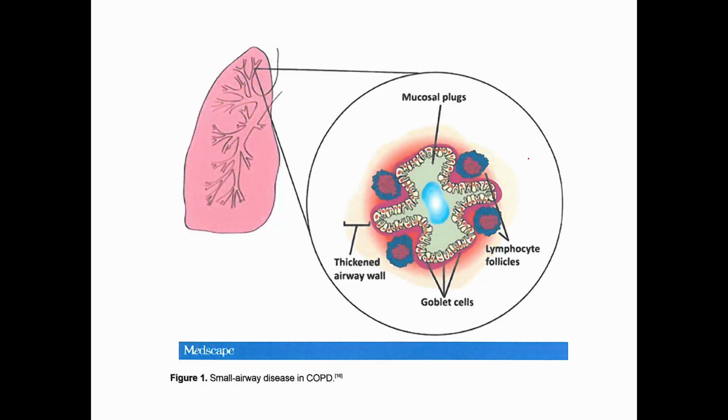So here is an airway. You see the epithelium. You see some lymphocytes that are going to produce inflammatory substances. We also have some mucus-producing cells in the epithelium, and then we can get some mucus plugs.